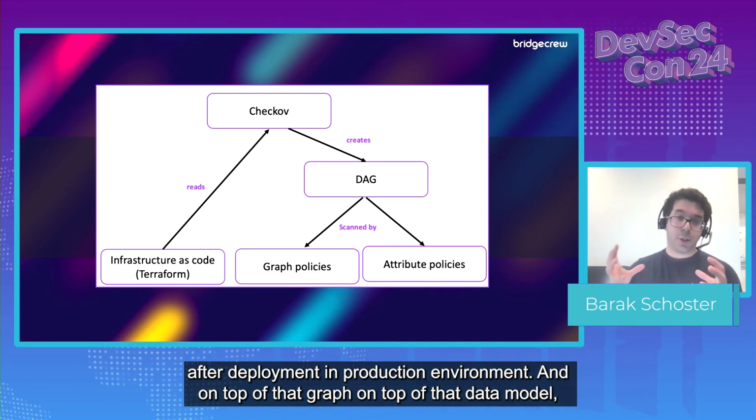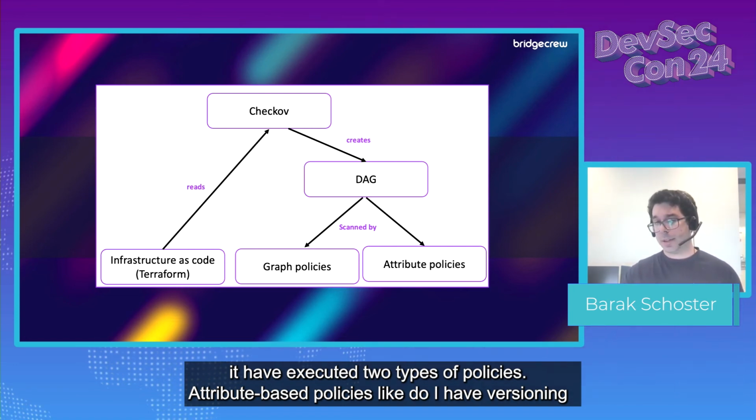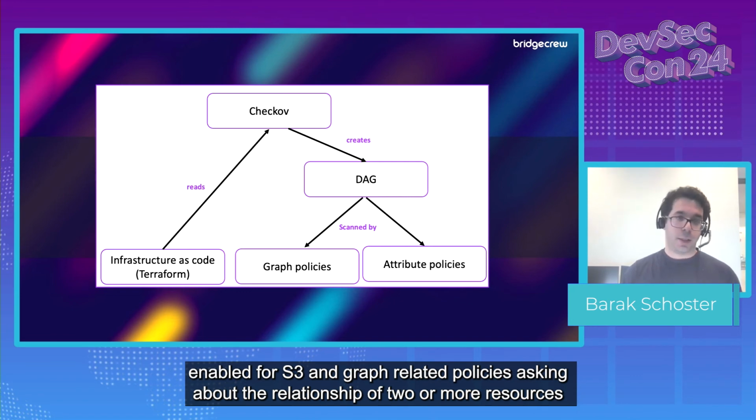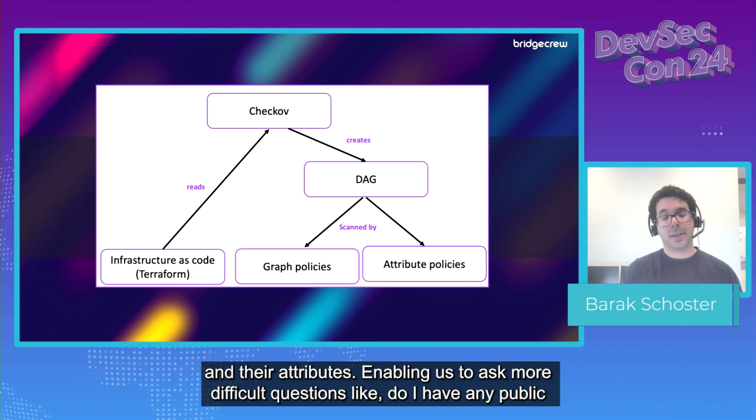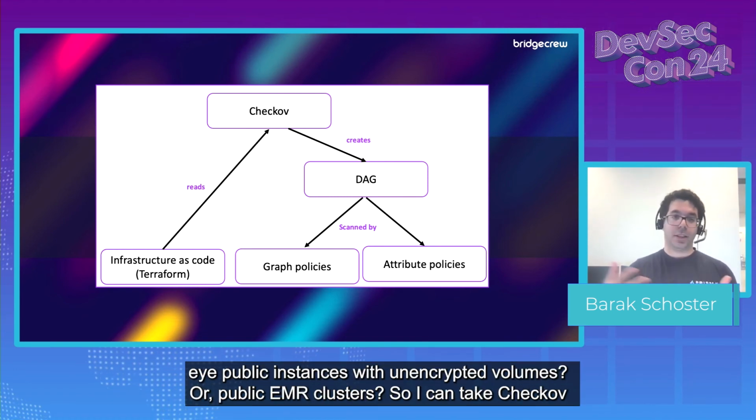And on top of that graph, on top of that data model, it has executed 2 types of policies: attribute-based policies, like do I have versioning enabled for S3, and graph-related policies, asking about the relationship of 2 or more resources and their attributes, enabling us to ask more difficult questions like, do I have any public instances with unencrypted volumes, or public EMR clusters?